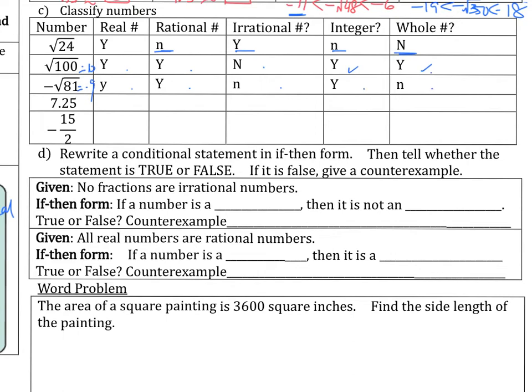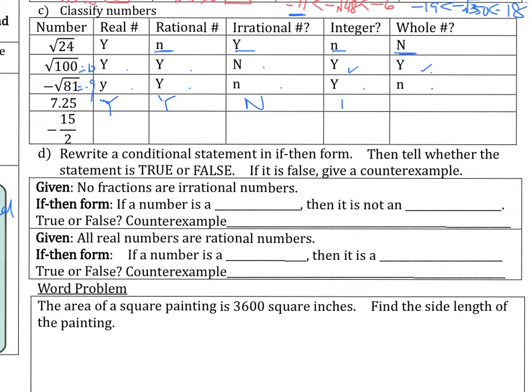7 and 25/100ths, that's a real number. Is that a rational number? I would say yes, because you can rewrite that as 7 and 1/4 and change that mixed number to a quotient with two integers, one in the numerator and one in the denominator. Irrational number is nope.